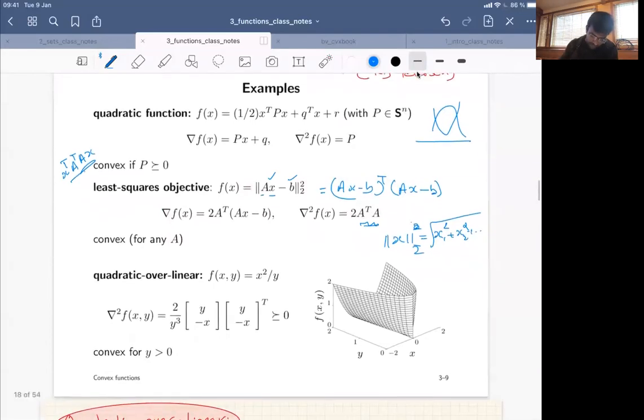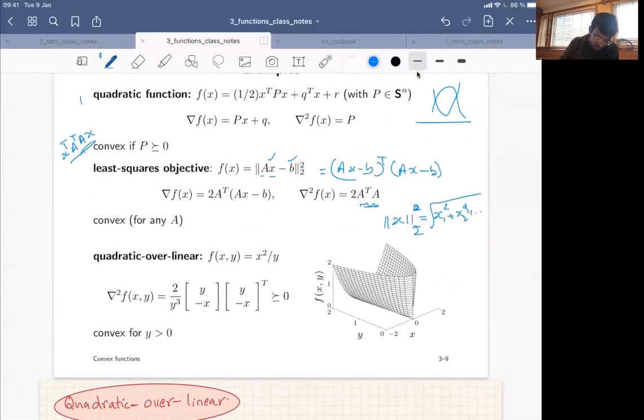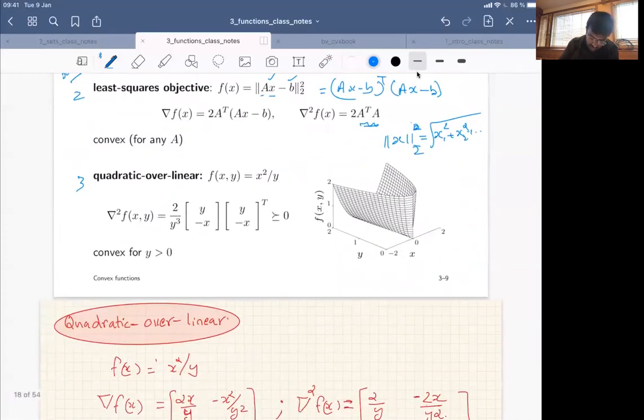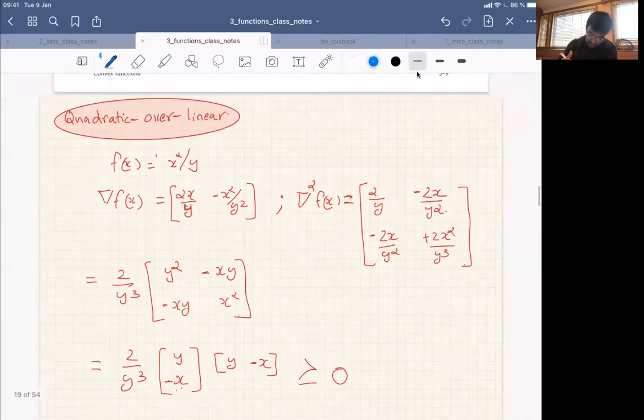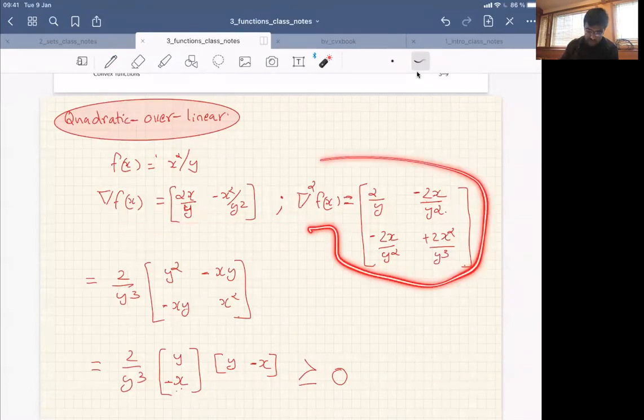Now this is another one: first one, second one, and third one, the quadratic over linear function. It's not trivial, just by seeing this function, to say whether it is convex or not. So we just take the Hessian. Here we have the gradient and Hessian.